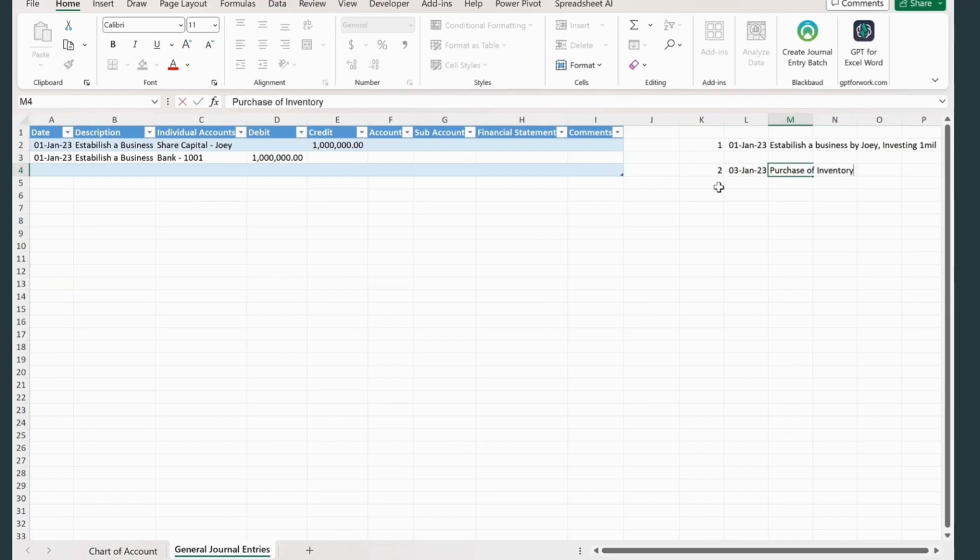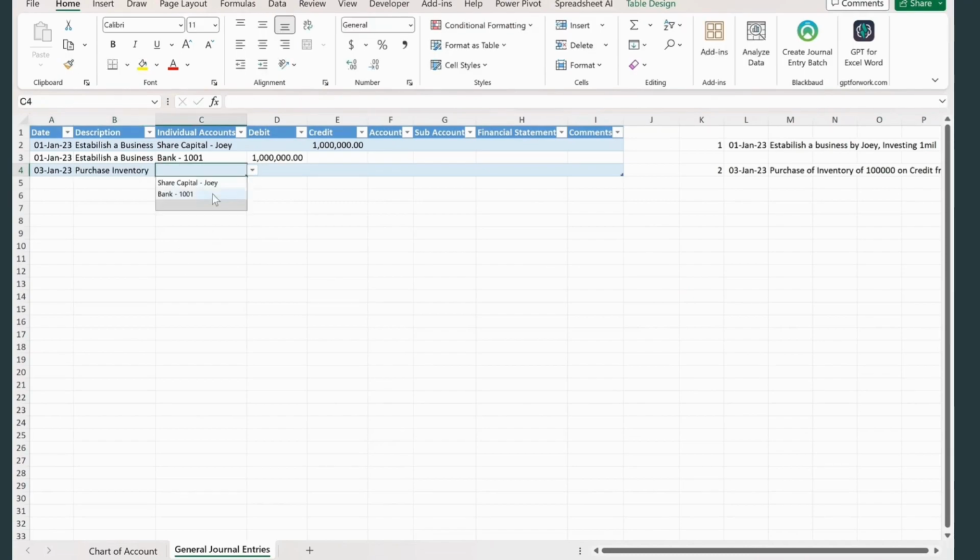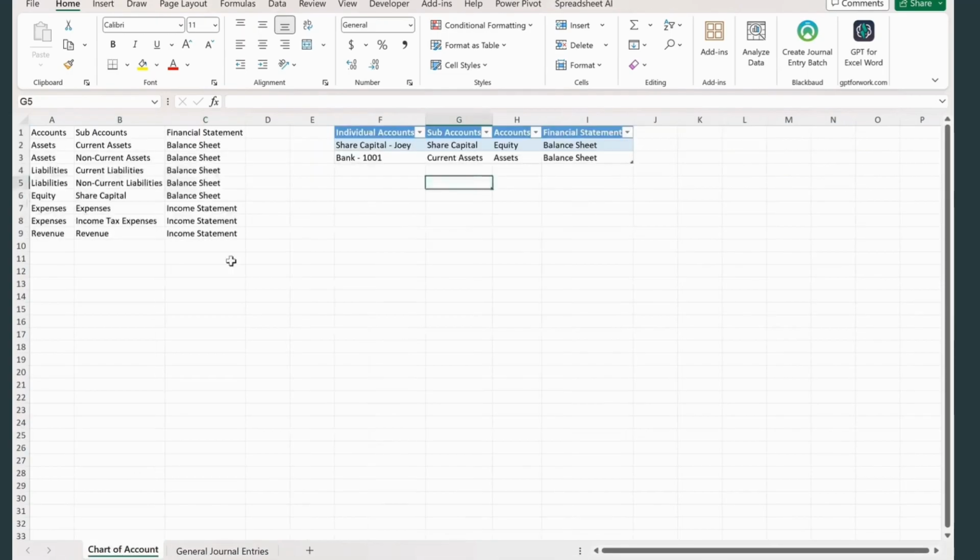Purchase inventory by 100K on credit, from ABC private limit. Here creates our inventory account, current asset.